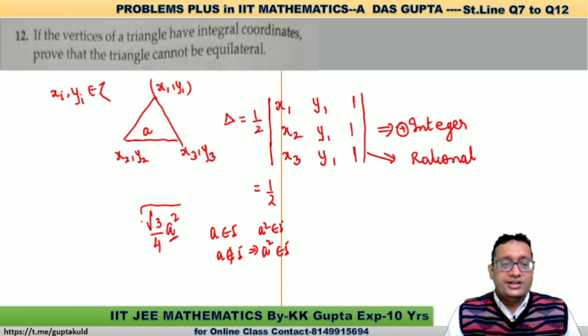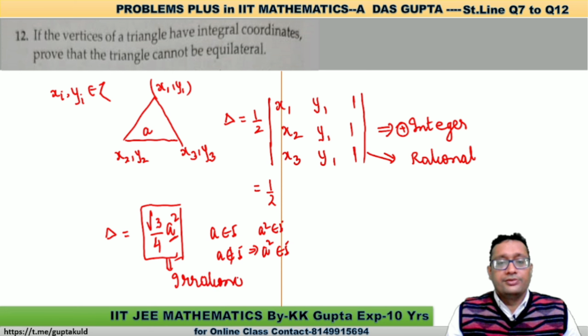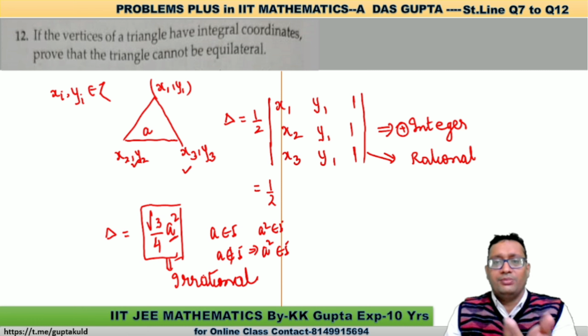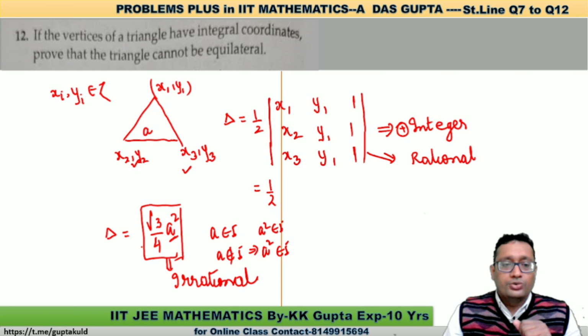So this gives an irrational area, while from the other formula I am getting the area rational or integer.